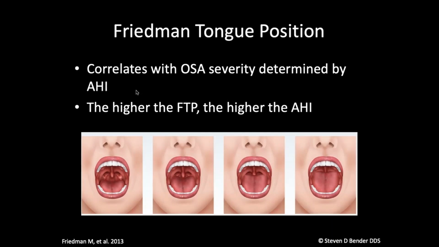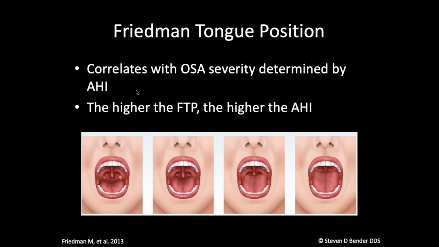Now there are ways to assess this space as well. There's what's called the modified Mallampati score. Sometimes it's called the Friedman modified Mallampati. More recently, it's been termed the Friedman tongue position. The Mallampati score is a measure of how difficult it will be to intubate somebody under anesthesia. So they will look back in the throat, and they will have the patient open and stick their tongue out.